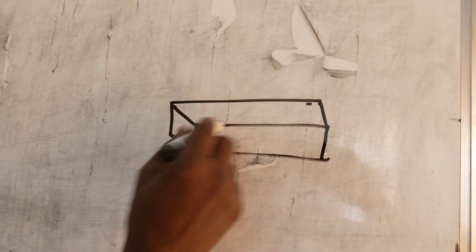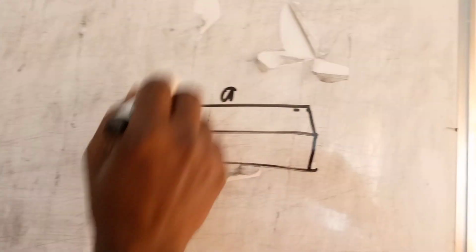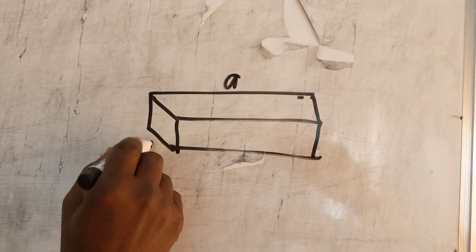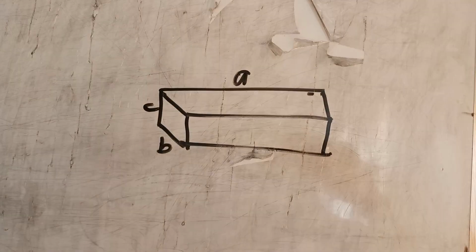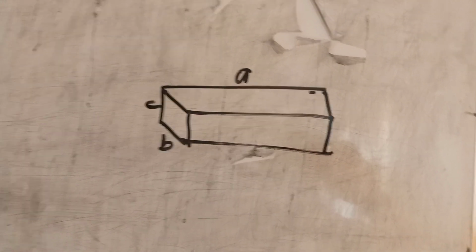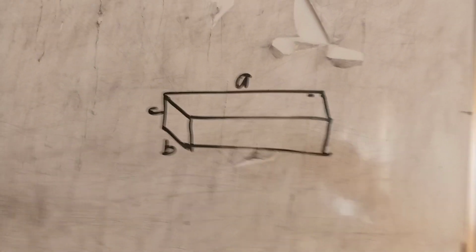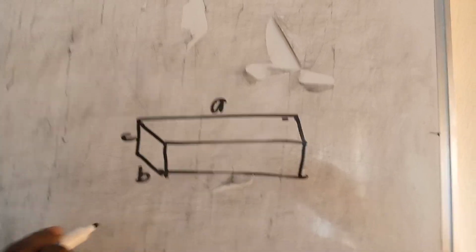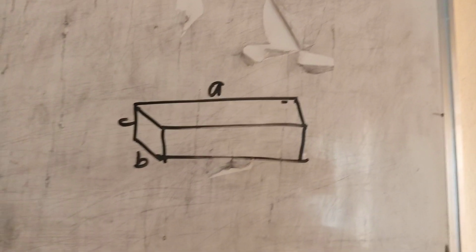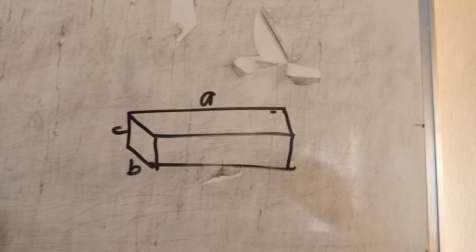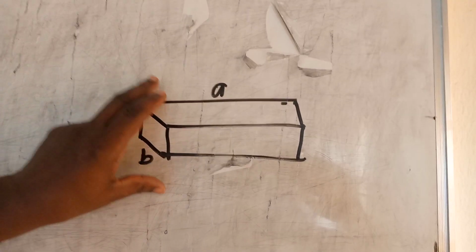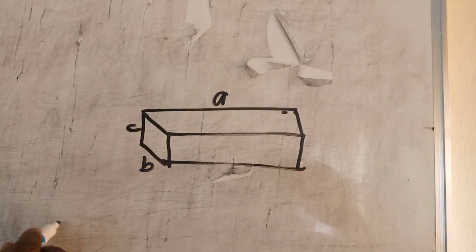You will see that this dimension A is far bigger than dimension B and dimension C. That's a beam. One of the dimensions is far bigger than the other two, or the two dimensions are far less than one of the dimensions. That's also what is called a rod. That's a beam, unlike something like a slab.